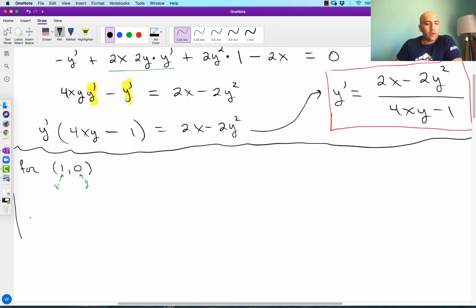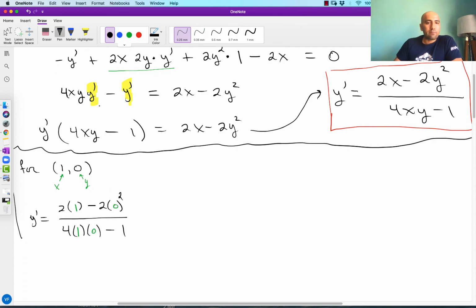So y prime is equal to 2 times blank minus 2 times blank squared, all over 4 times blank minus 1. And so x is 1, and then y is 0, so 0 there, 0 there.